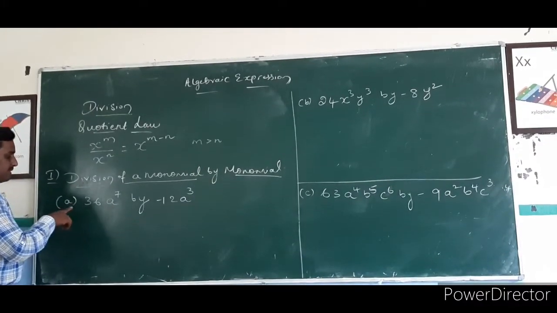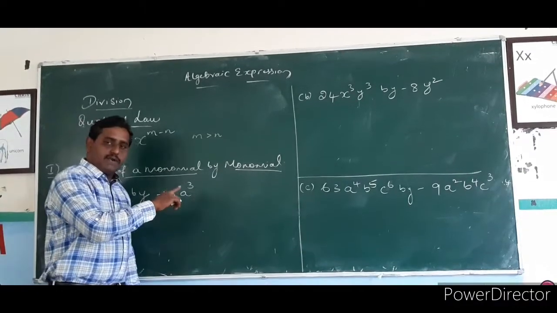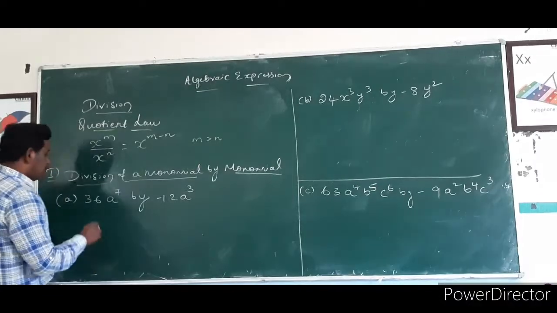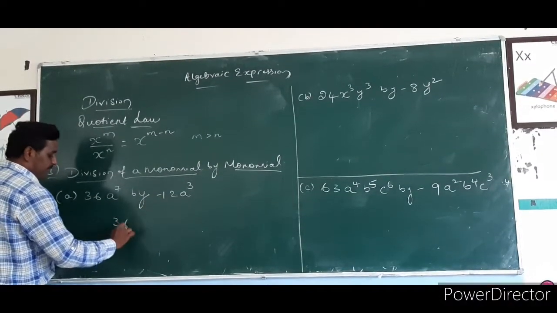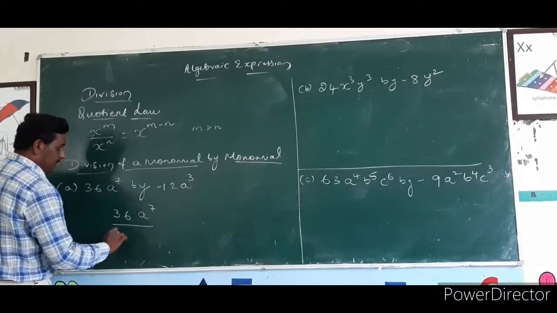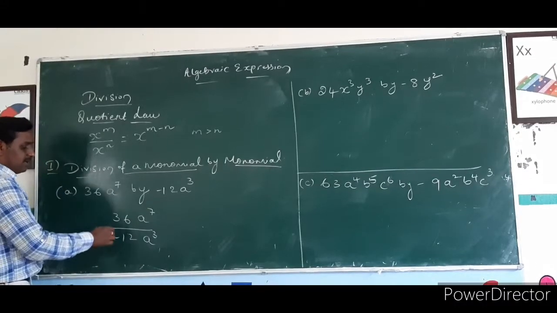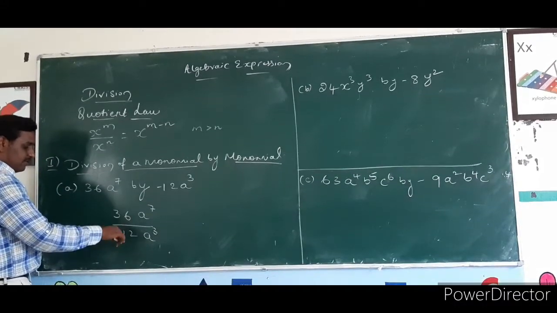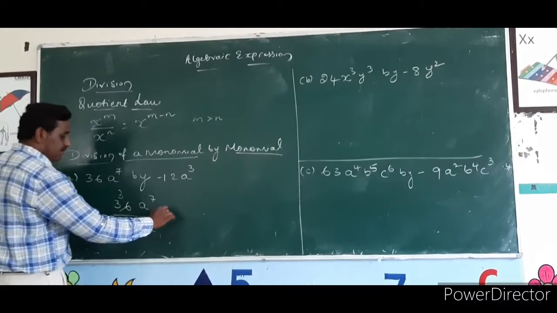Here the first problem I consider is 36 a to the power of 7 divided by minus 12 a to the power of 3. So this is one monomial and another monomial. If we divide both monomials, look here. You can cancel the numerical part: 12 ones are 12, 12 threes are 36.